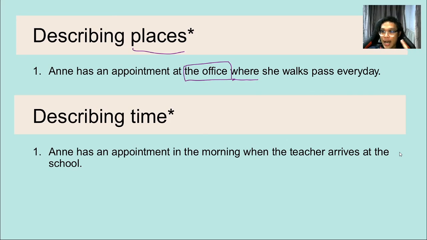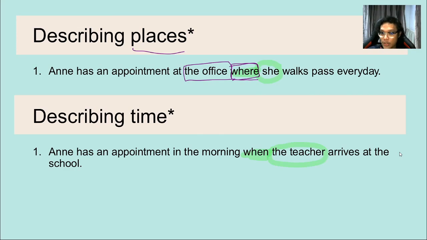But the thing that you must remember is that after the word where, let me highlight it so that you don't forget, when you use where to describe place and when to describe time, you need to have a clause that starts with what? With a subject. What's a subject? Here, a subject, right?